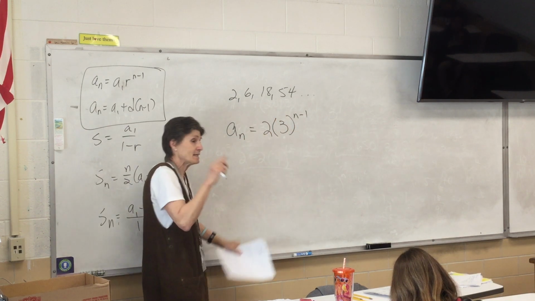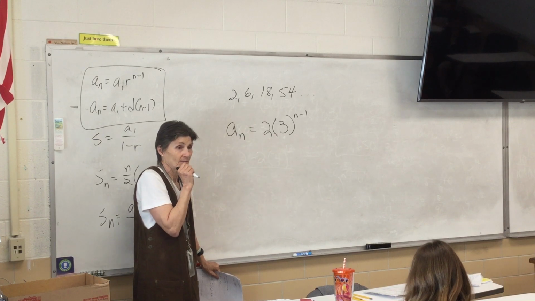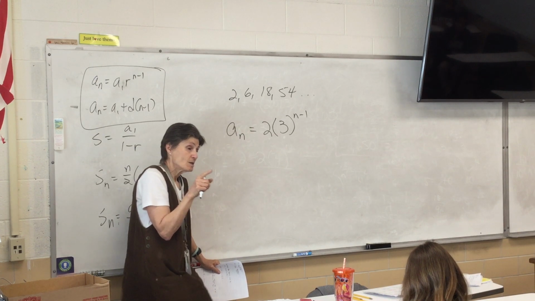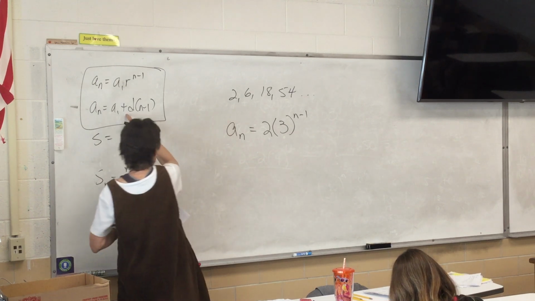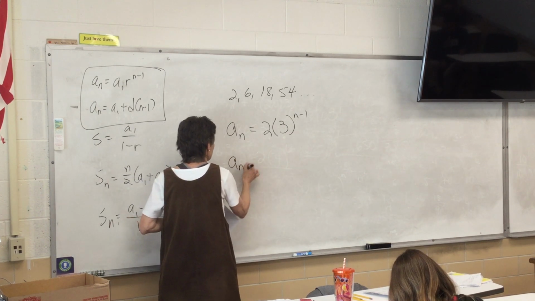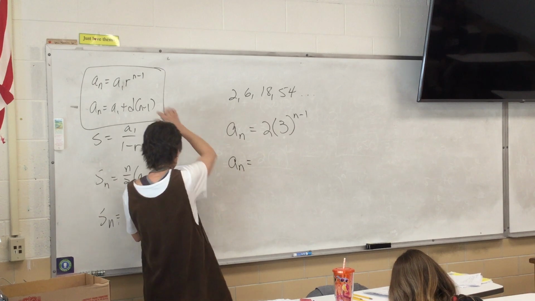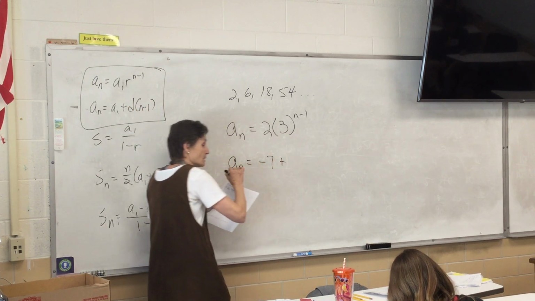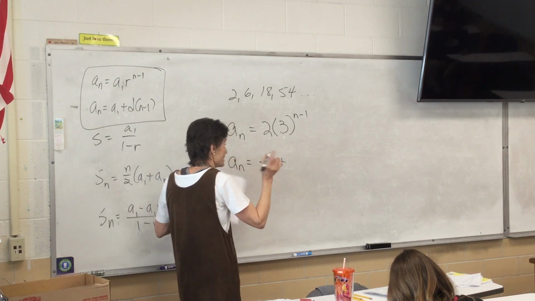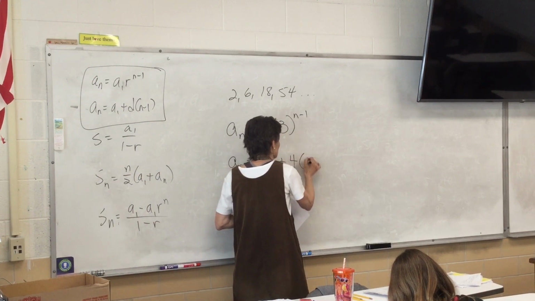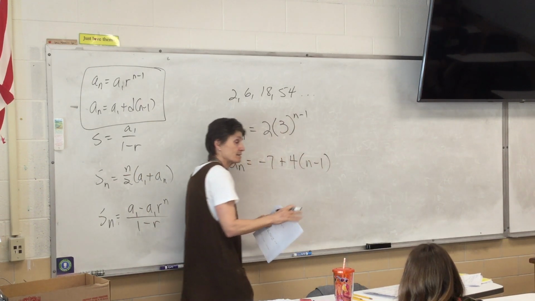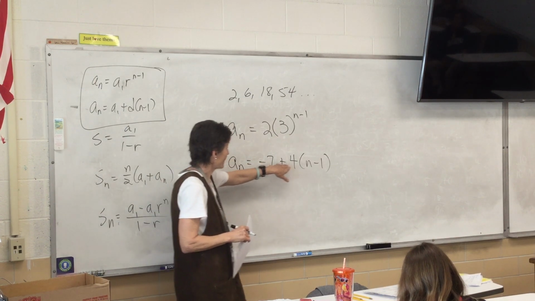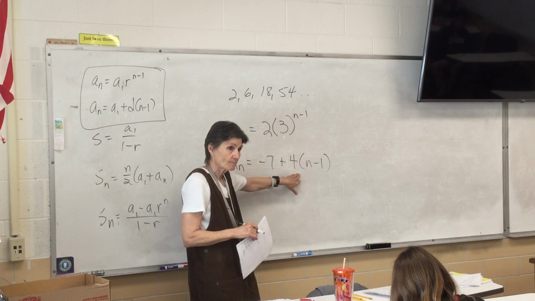Now, what's happening in problem B? You're adding 4. So I'm going to use this second formula here, but I'm going to do the same thing. I'm going to plug in my first term, which is -7. I'm going to plug in my difference, which you said is 4, and that's it. So I plug in my first term and my difference.